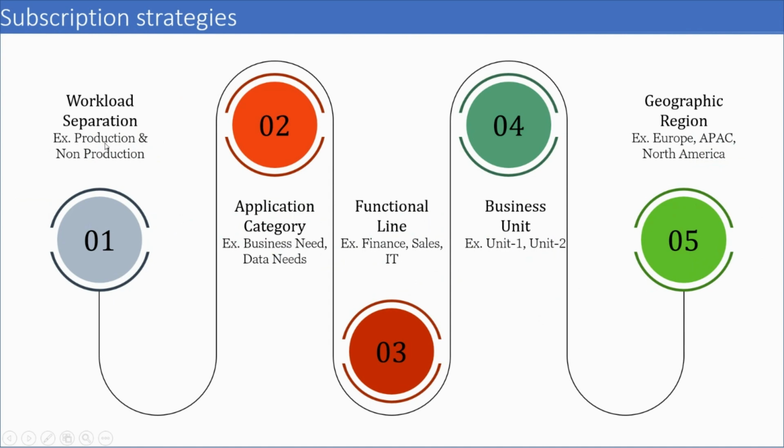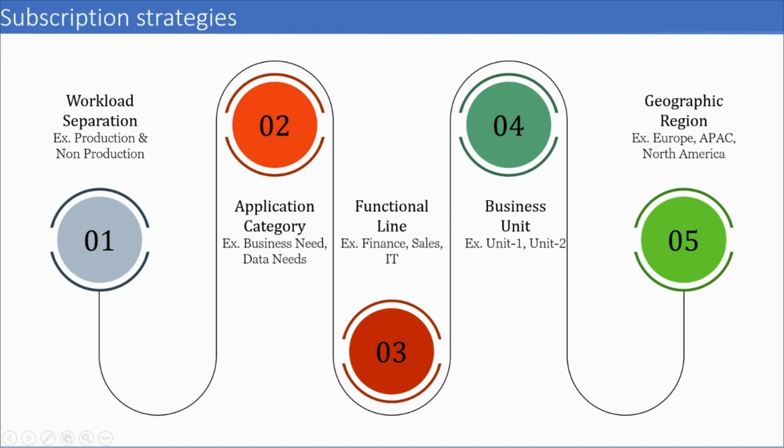You can have a subscription that will control the resource groups and the resources under a production environment or a non-production environment. And you can have a subscription purely based upon application category. You can group the application category either as a business need or for data need, and then you can have two different subscriptions to control the resource groups and the resources under them.